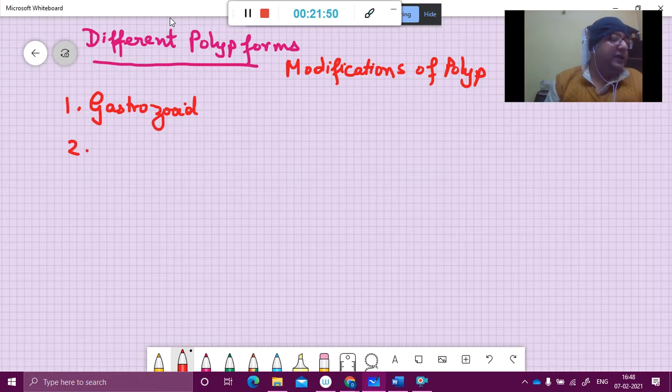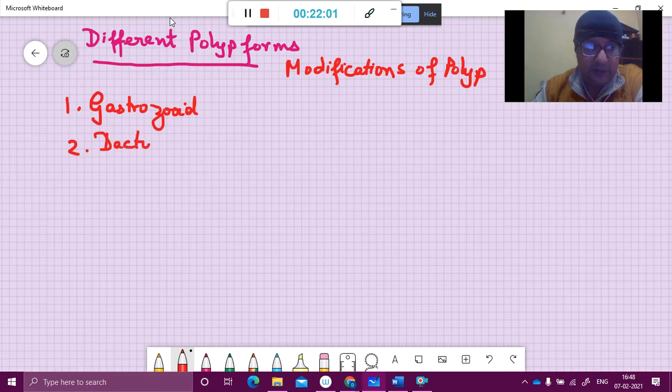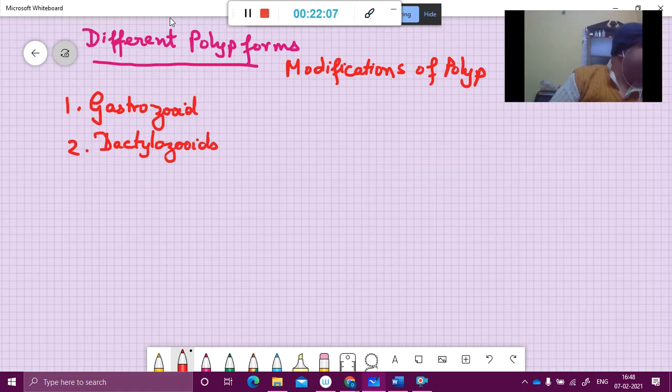Then you have the dactylozoids. Then the third major forms are the gonozoids.